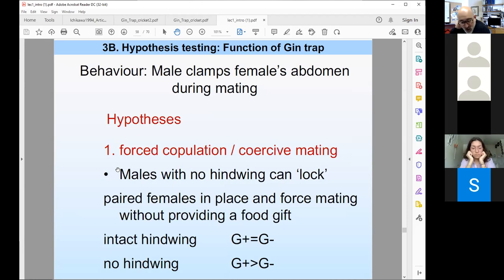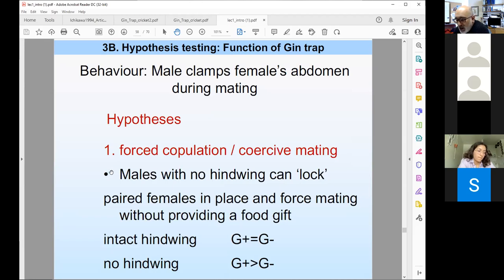Some males had part of their hind wing removed, and some males had their gin trap disengaged, I guess. And some males had both taken off. That is, they had a hind wing that was removed, and a gin trap that was disengaged.